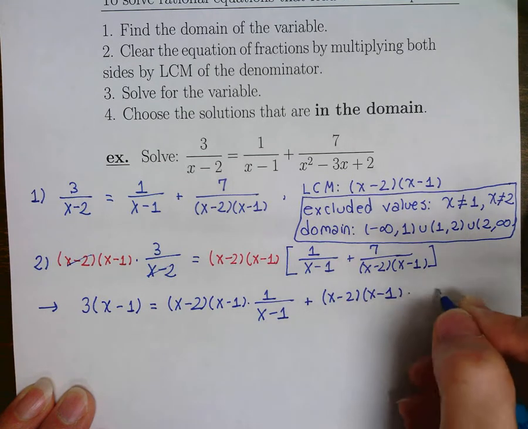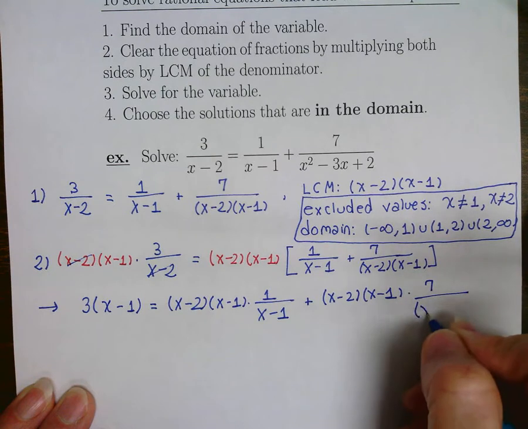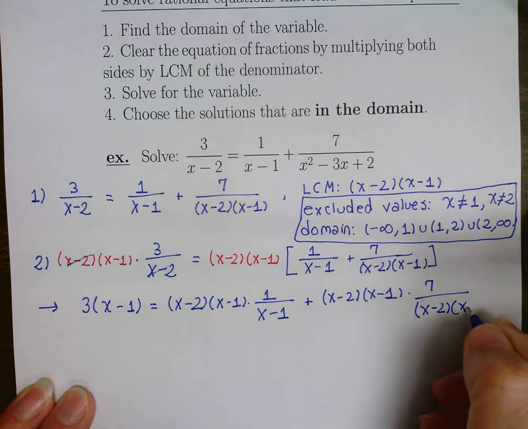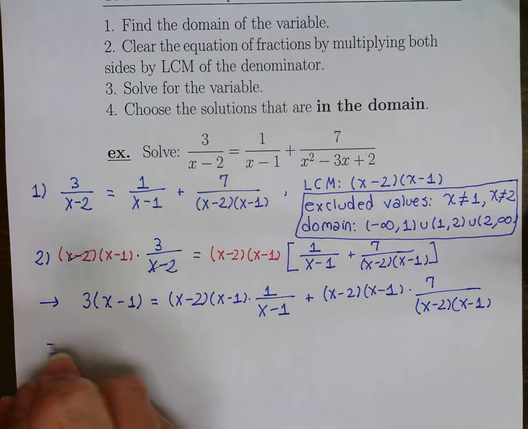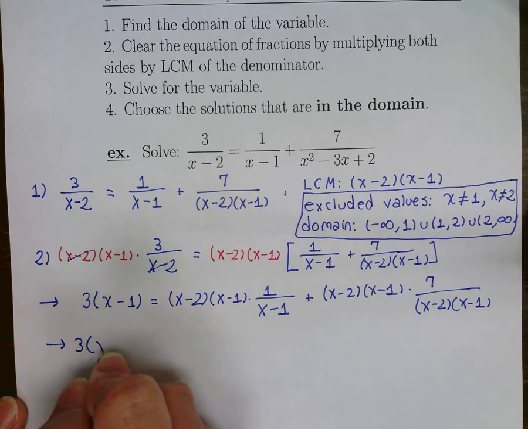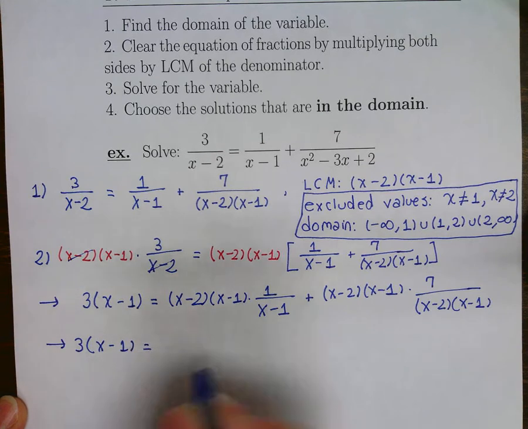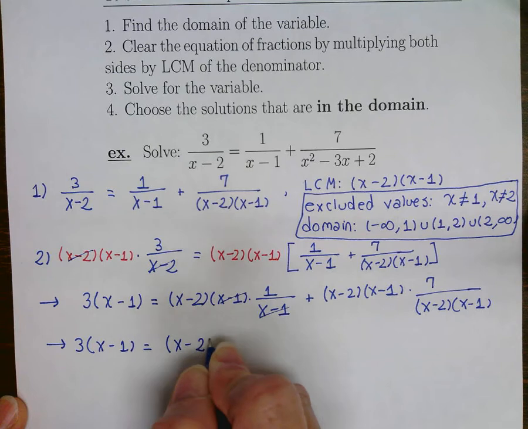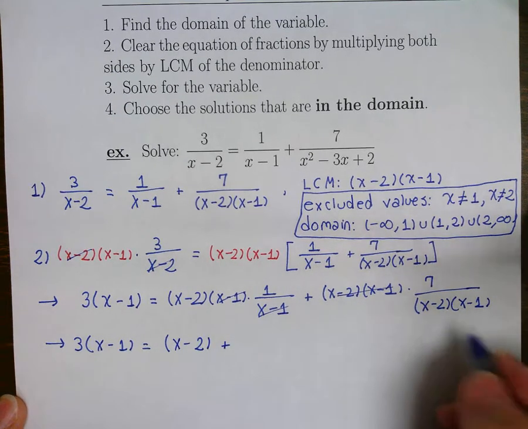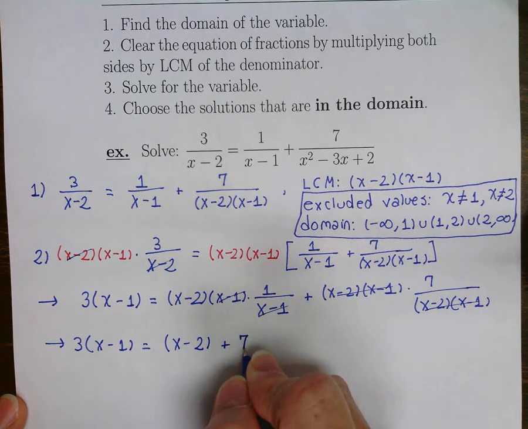And what that does for us, as you can see, is that it does enable us to clear fractions, because I'll have a cancellation of factors in the first term and a cancellation of both factors in the second.